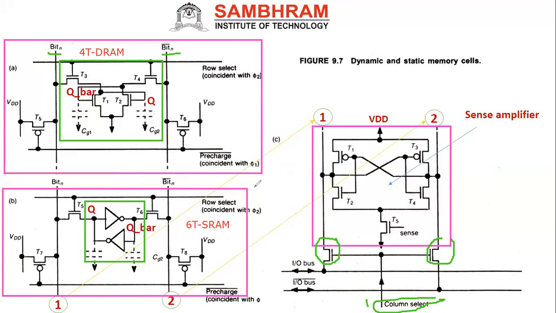If I say SRAM, below that this sense amplifier is connected. You think in that way normally. Okay, so now the sense amplifier logic which is shown here is called a differential inverter.